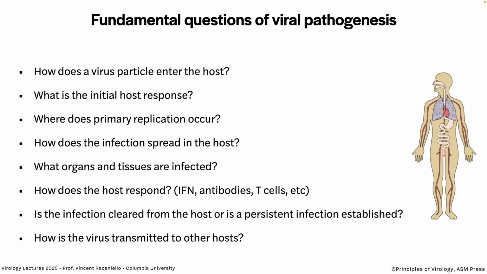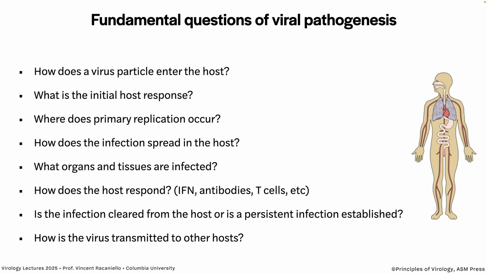In the last 20, 30 years, virologists have turned to studying viral pathogenesis. So all the stuff we talked about in the first half of the course, hardly anyone does that anymore. Most people focus on disease. How does the virus get in the host? What's the host response? Where does it replicate first? How does the virus spread? What organs and tissue are infected?